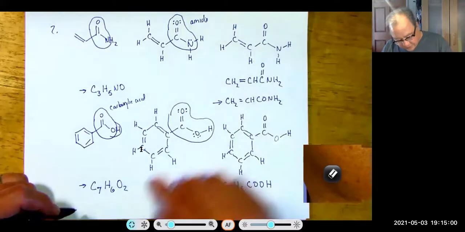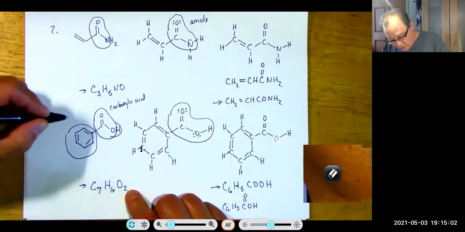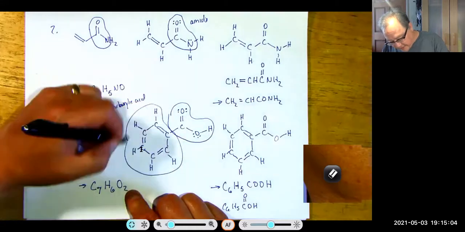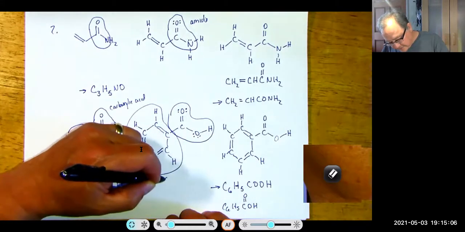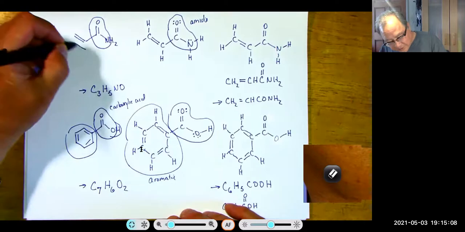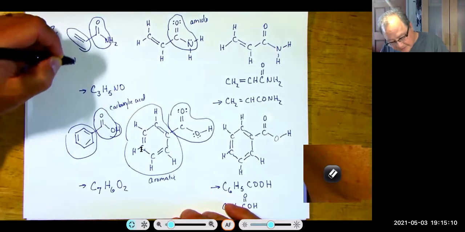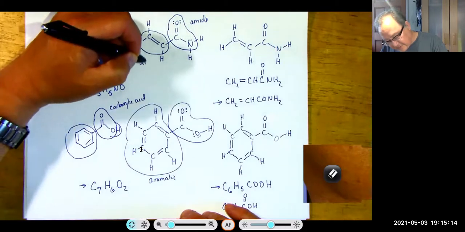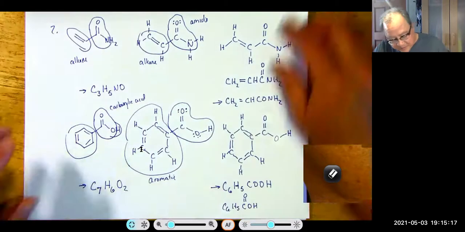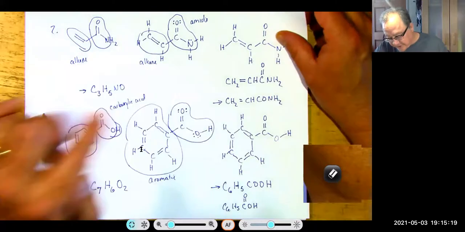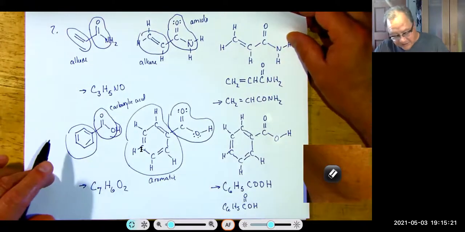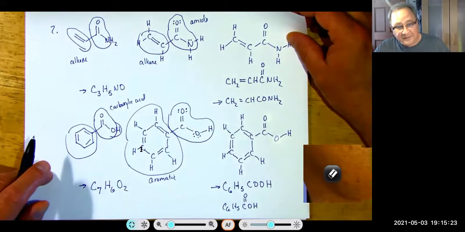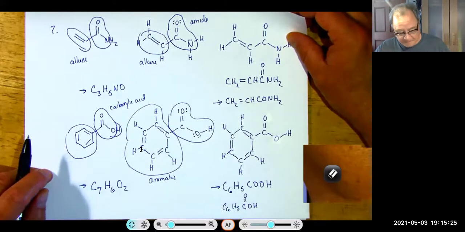And here I would circle this or all of this for the aromatic. And then what am I circling here? The alkene. So I'm circling them in both the line drawing and the Lewis because you want to be able to recognize them in either drawing, okay? Okay.